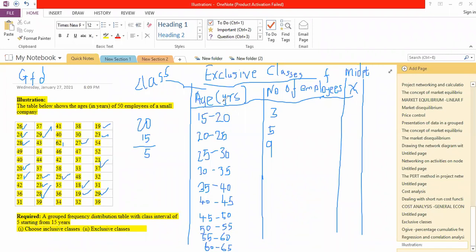The procedure is the upper limit plus the lower limit put together, you divide by 2. 20 plus 15, that is 35, divide by 2, 17.5.